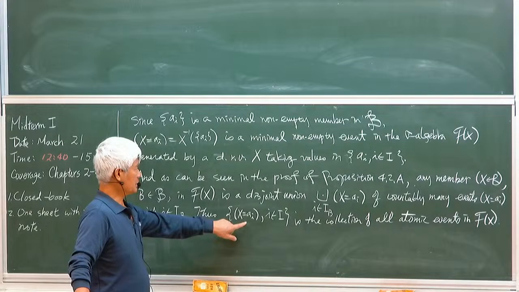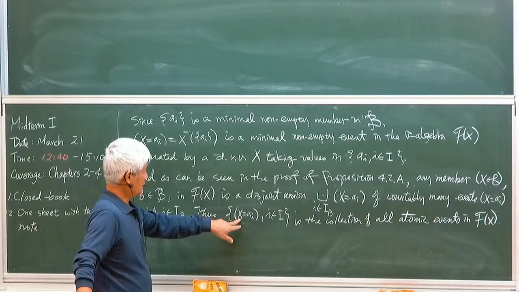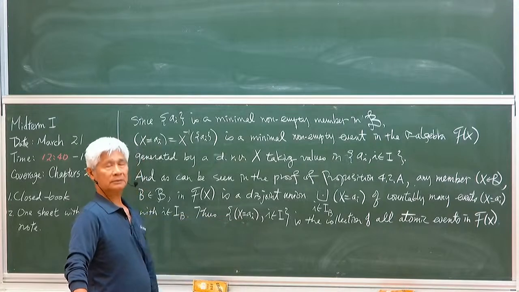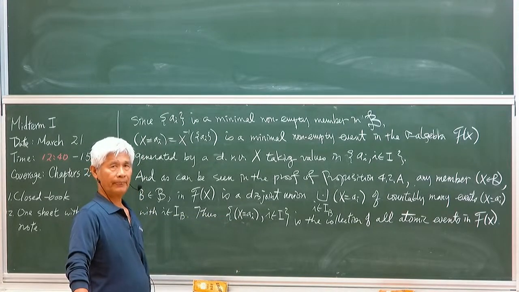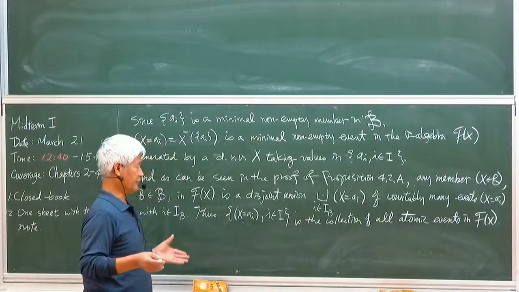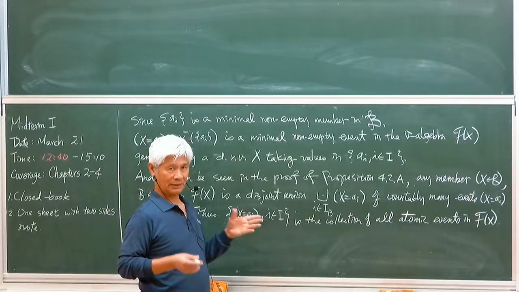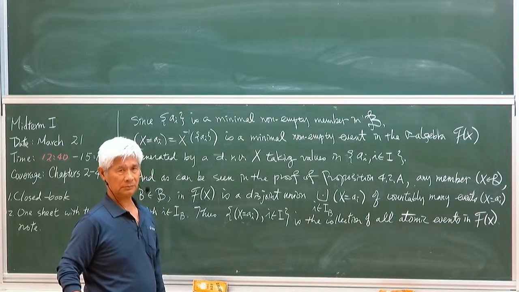Because the atomic events are just the event that x equal to a_i. So this is the collection of all atomic events, and this collection is countable because the index set I is countable.